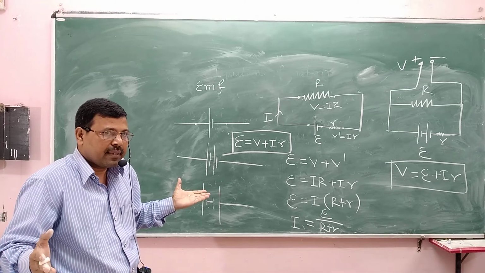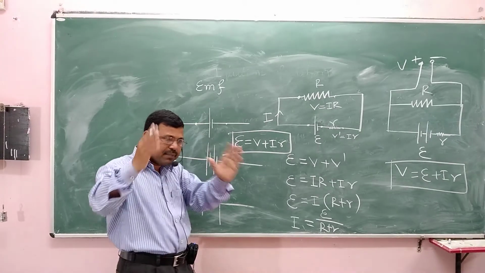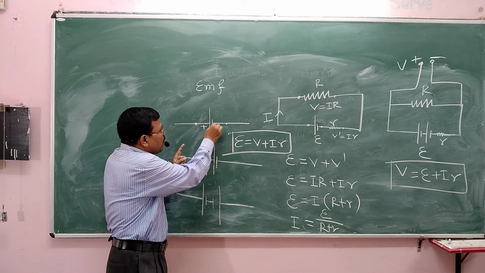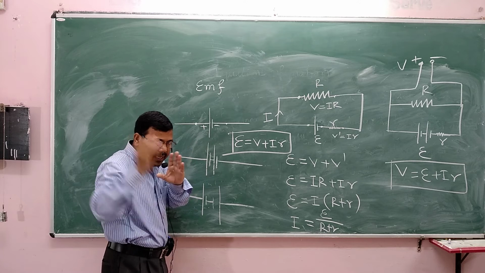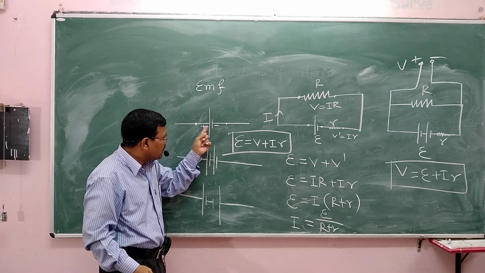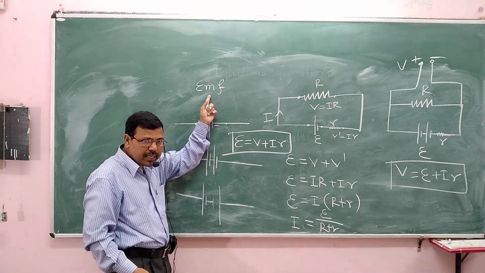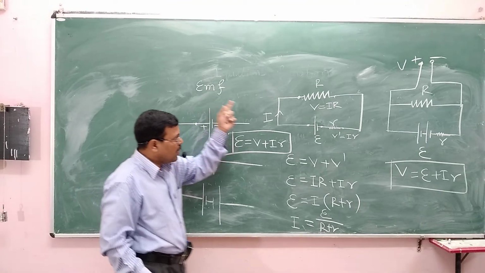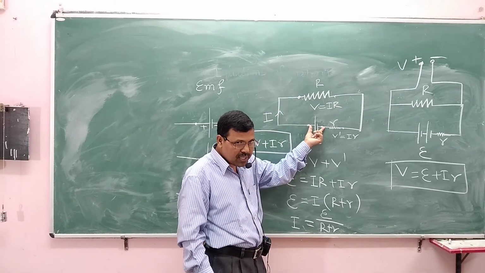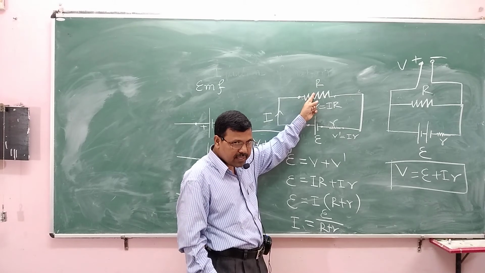It's very clear that the EMF of the cell is the difference in potentials between the two terminals, positive and negative, of a cell when no current is drawn from the cell. Potential difference is the difference in potentials between the two terminals of a cell when the current is drawn from the cell.